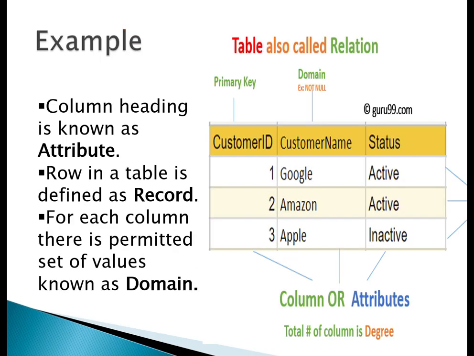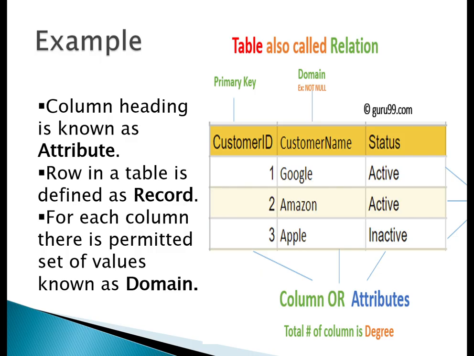Now, here is an example of RDBMS. The table or relation you can see here. Customer information is there in this table. There are three attributes. That means there are three columns in this table: customer ID, customer name, and status. Every row of the table is called as record. So here in this example, you can see there are three records: 1, 2, and 3.